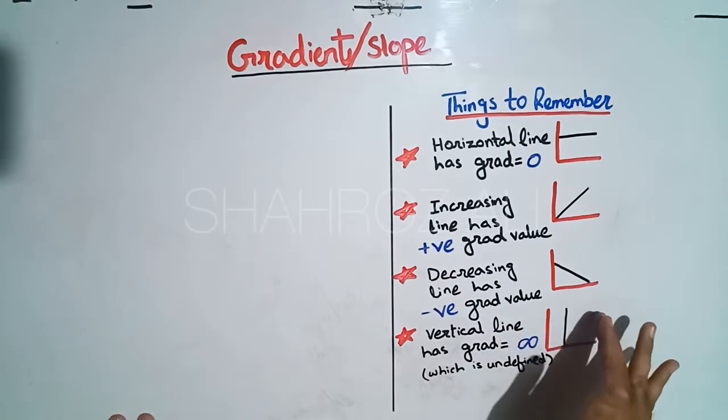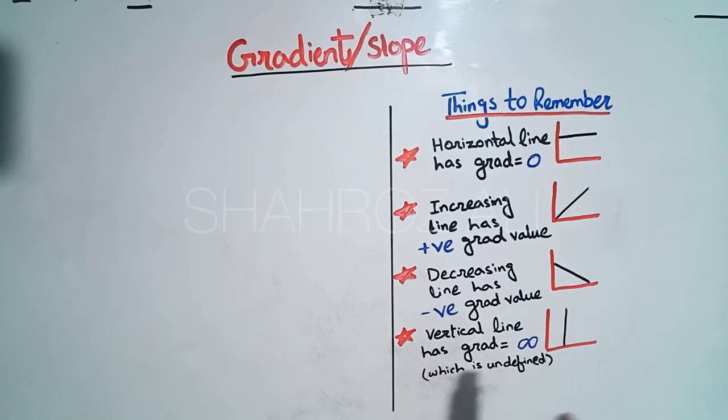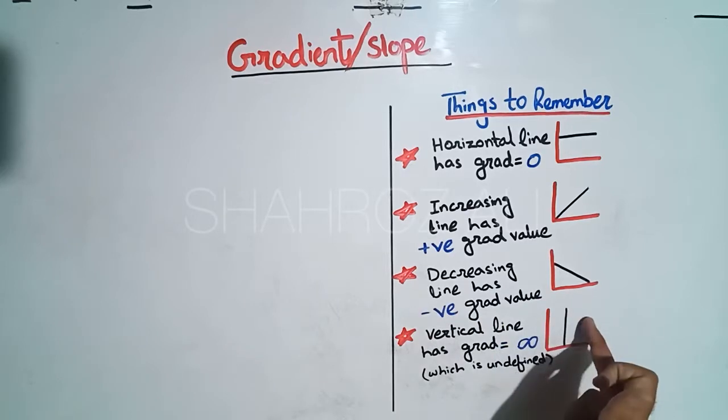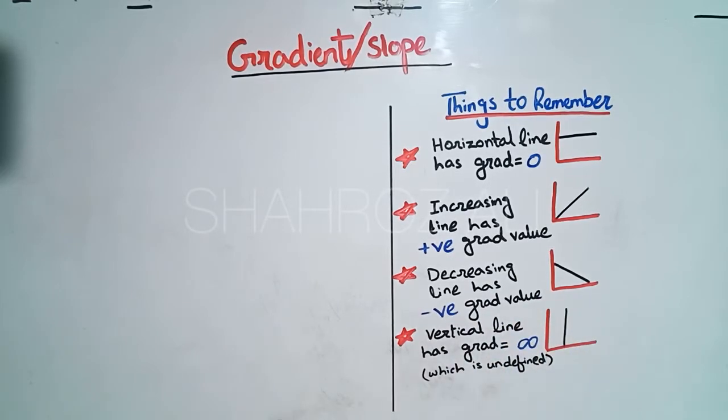If you have a line that is vertical, parallel to the y-axis, it will have an undefined value, which is called infinity. You have to remember all these things.